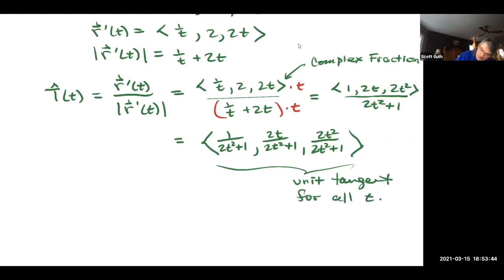So I kind of think of my curve like this, and then all these unit tangent vectors, all with exactly the same length, but at different times.